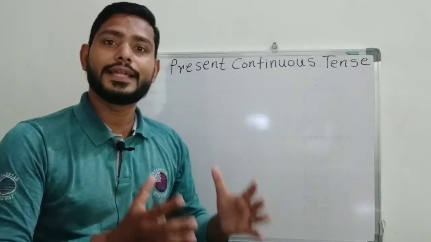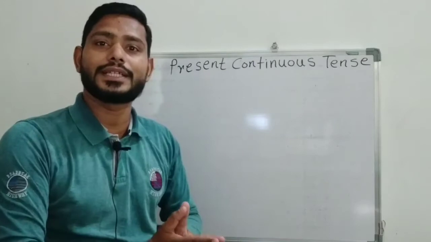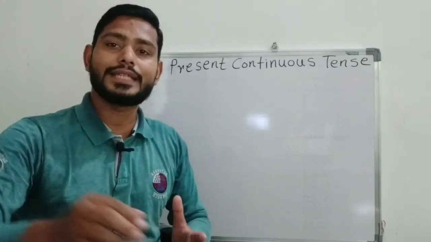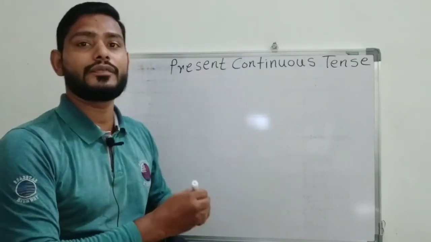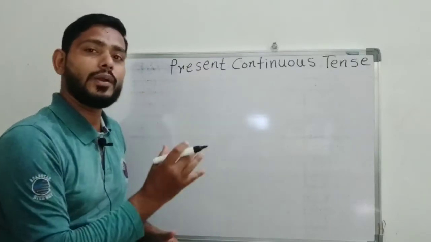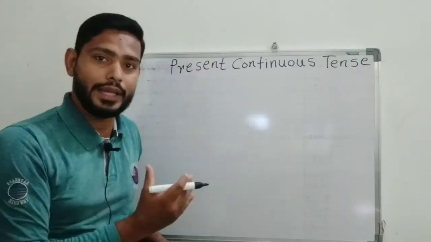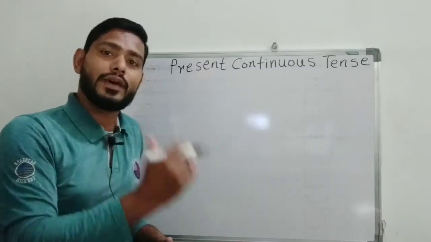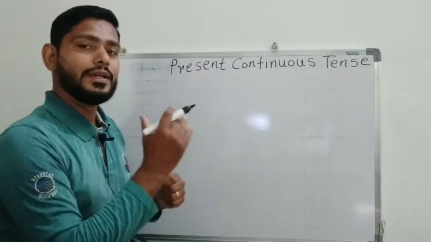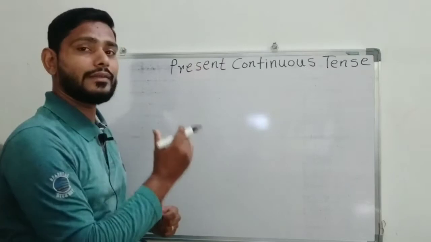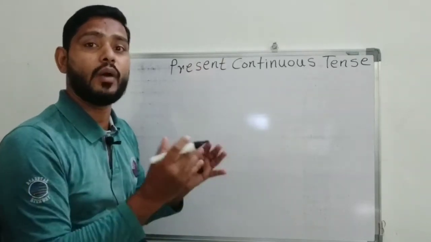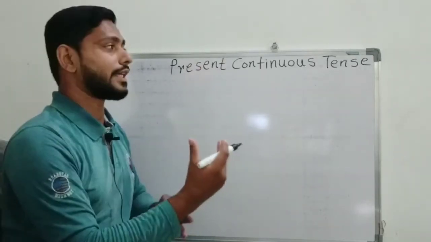First of all, let's make the structure of present continuous tense simple. You all know a sentence is a combination of subject and predicate, and this concept is very clear to all of you. So let's learn how we can make present continuous tense in English.